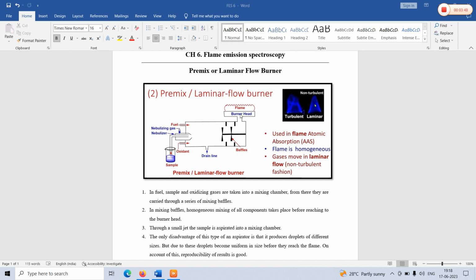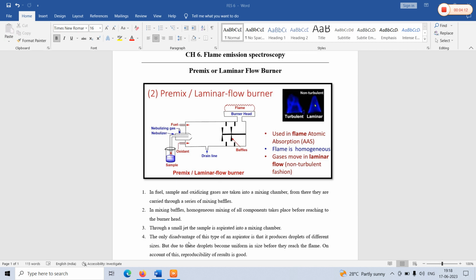Here is the burner head. So before reaching the burner head there is uniform, homogeneous mixing of all three components. Through a small jet, the sample is aspirated into a mixing chamber. Here is a small tube or small jet.